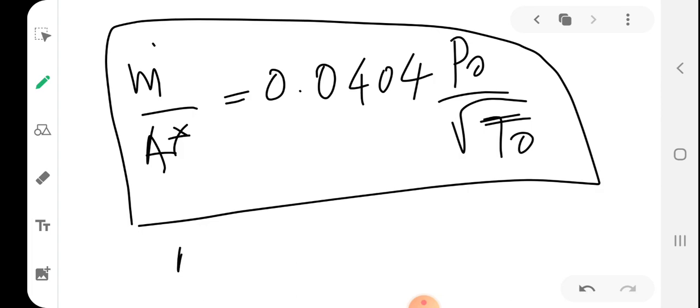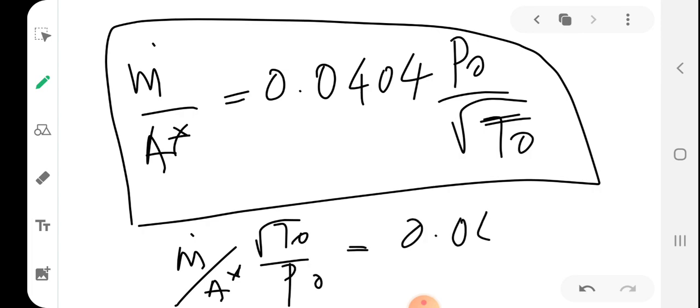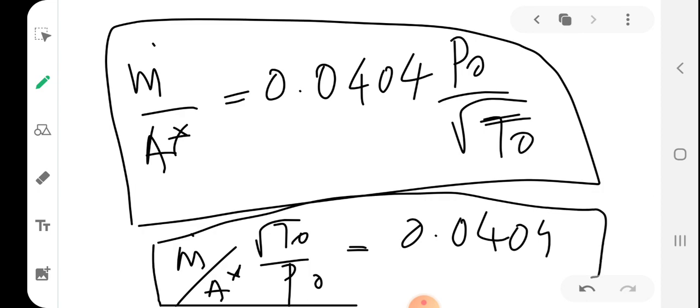Or you can also write M dot by A star into root T0 by P0 as 0.0404. So this is the equation for air. This is always constant for air.